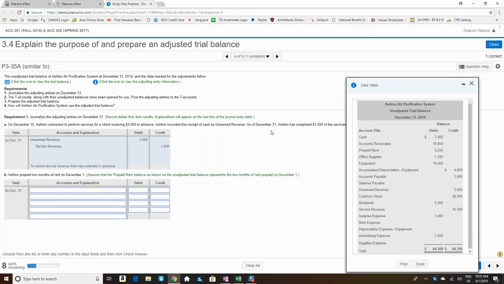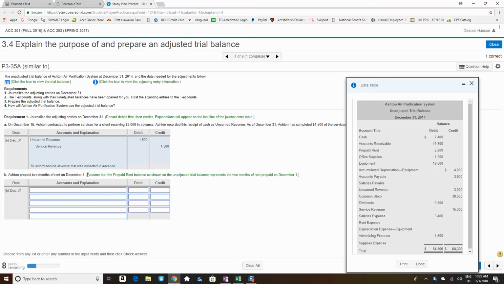So you have this asset called prepaid rent sitting there, $2,200, which represents 2 months' worth of rent expense paid in advance. Because you haven't really received the benefit of that rent payment on December 1st until time goes by, since the time that rent applies to hasn't gone by yet, you don't call it rent expense.